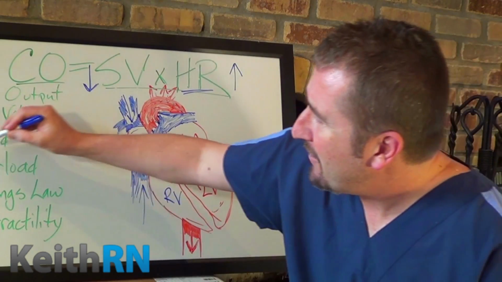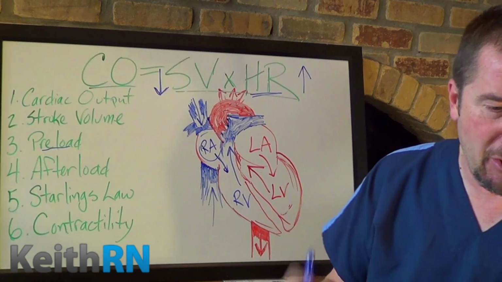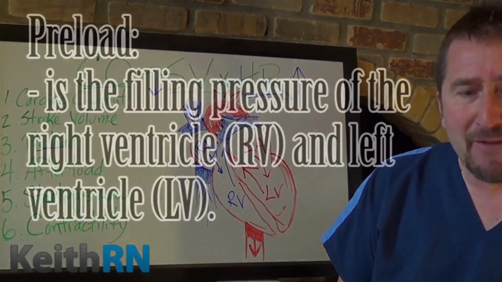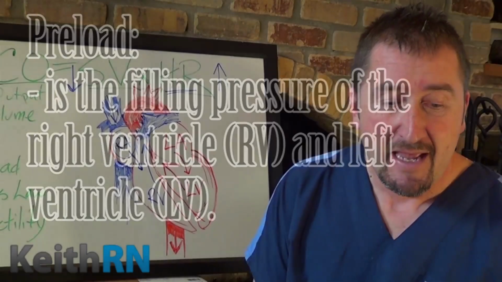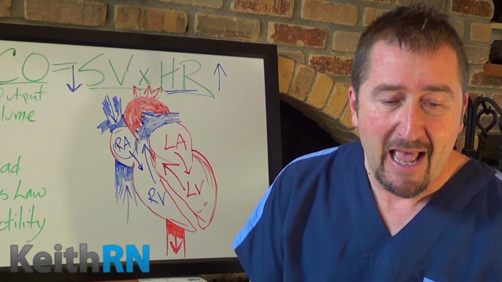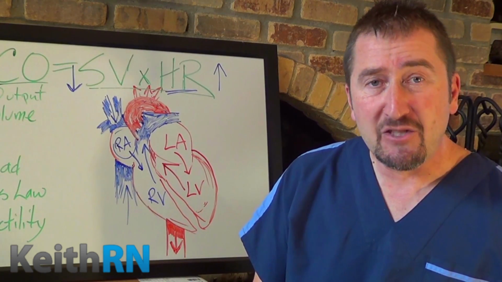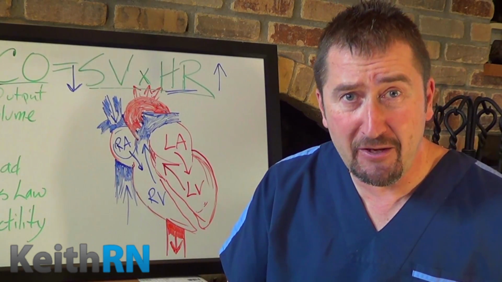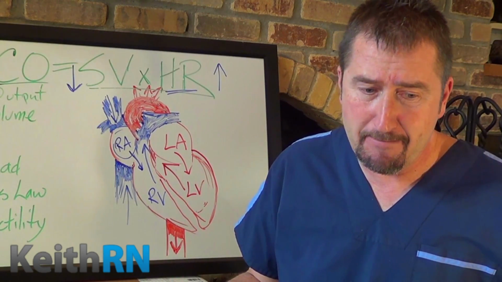Let's talk about what we call the determinants of cardiac output. Preload. Preload is simply the filling pressure of the right ventricle as well as the left ventricle. It is influenced essentially by how full the body's tank is and the amount of venous return. A higher venous return, so a patient in heart failure exacerbation has too much volume in the tank.